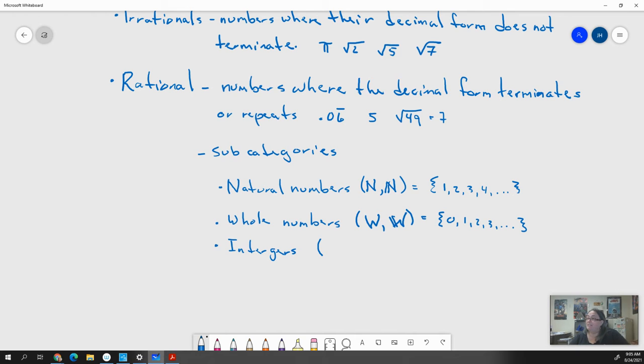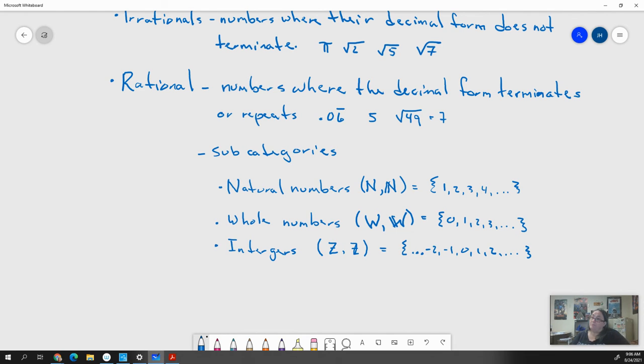But no, mathematicians went with the letter Z. Now, I know why they didn't choose I, because I is what they use for the irrational numbers. I have no idea why they chose Z. But they did, and it represents all of the whole counting numbers, but it also includes the negatives. So if I have like -2, -1, 0, 1, 2, all the way to infinity. So we've got infinity in both directions when we're talking about integers.